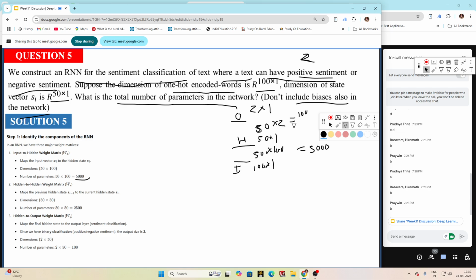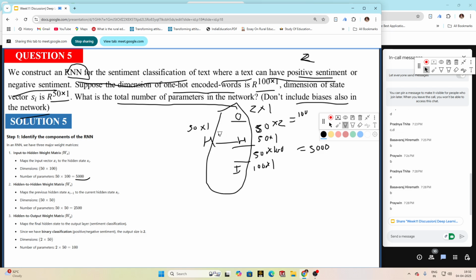But what we are missing: this is the structure of an ordinary neural network, but now we have to construct an RNN, that is a recurrent neural network. In a recurrent neural network, we also have a connection between the hidden states. So H will be connected to H. H has size 50 cross 1, and this H will also have 50 cross 1 size.